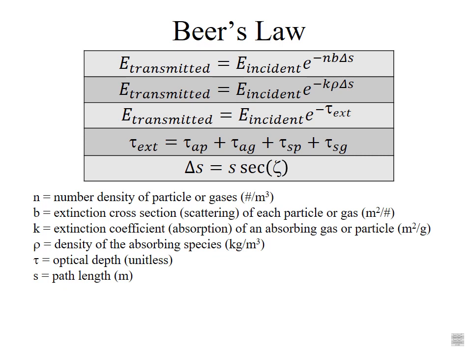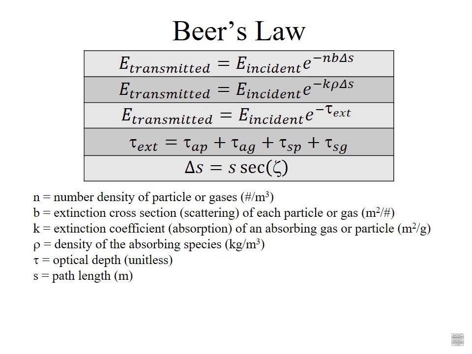And the optical depth, if you look down at the fourth equation, is contributed by the optical depth due to absorption by particles, AP, plus the optical depth due to absorption by gases, AG, plus the optical depth due to scattering by particles, SP, plus the optical depth due to scattering by gases.